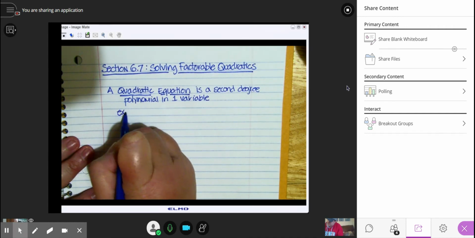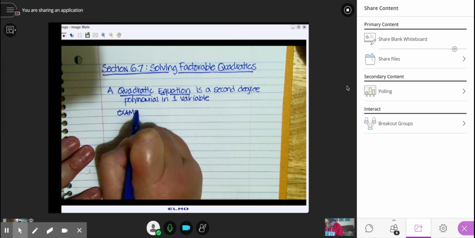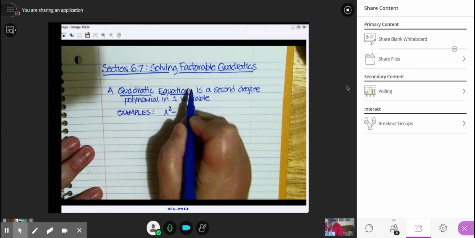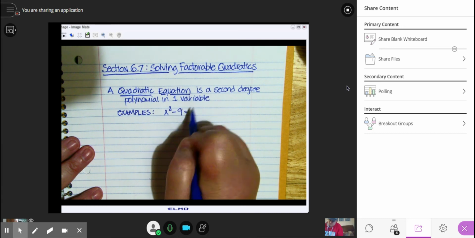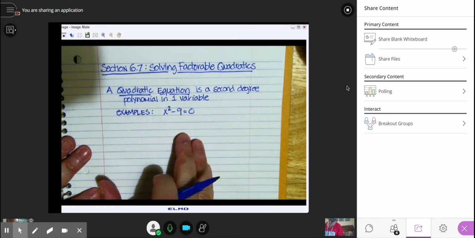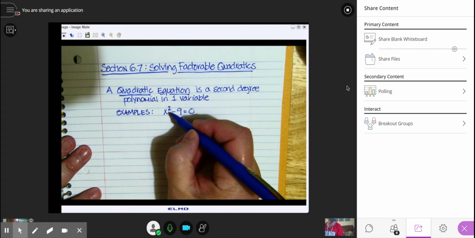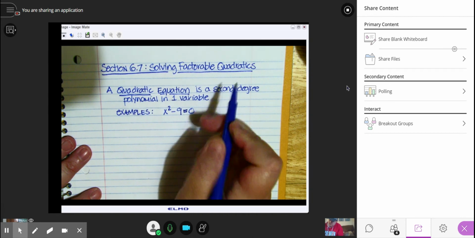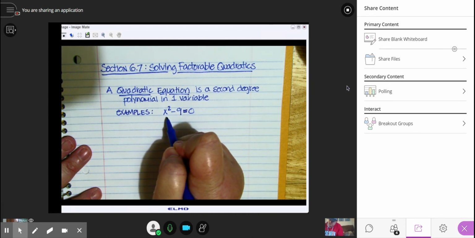Examples include x squared minus 9 is equal to 0. This is a quadratic equation. It is degree 2. It has an equal sign. There is only one variable.